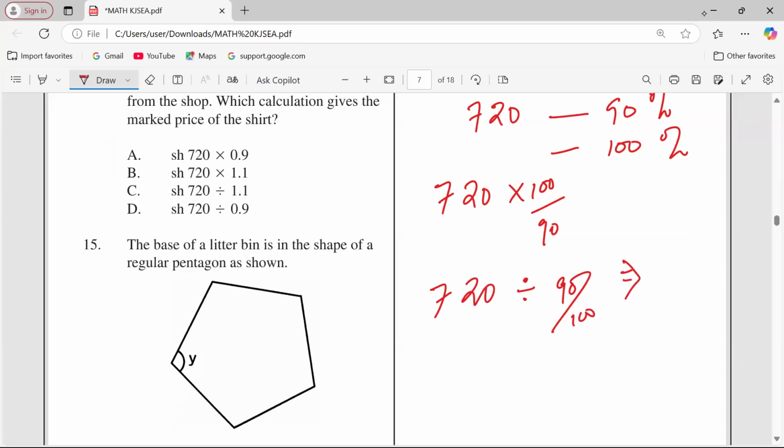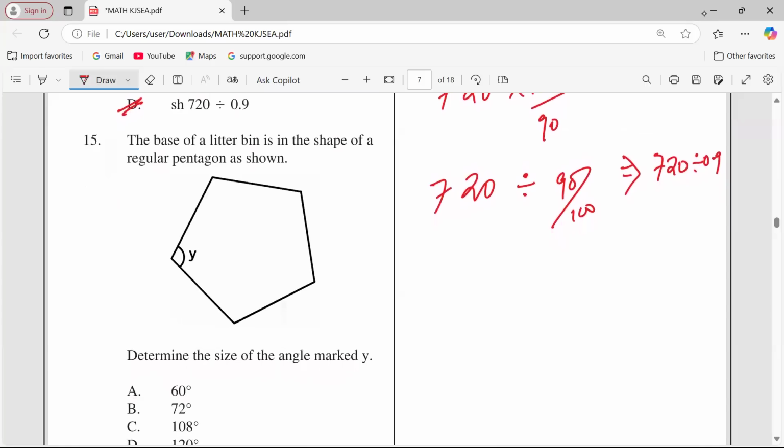This now is going to be 720 divided by 0.9. So this now becomes our best answer that way.